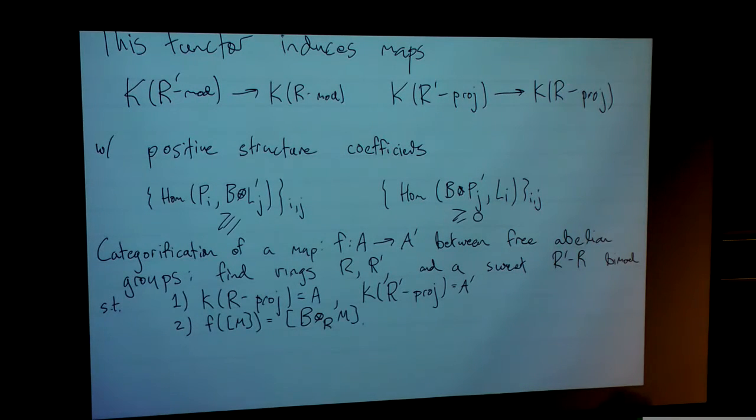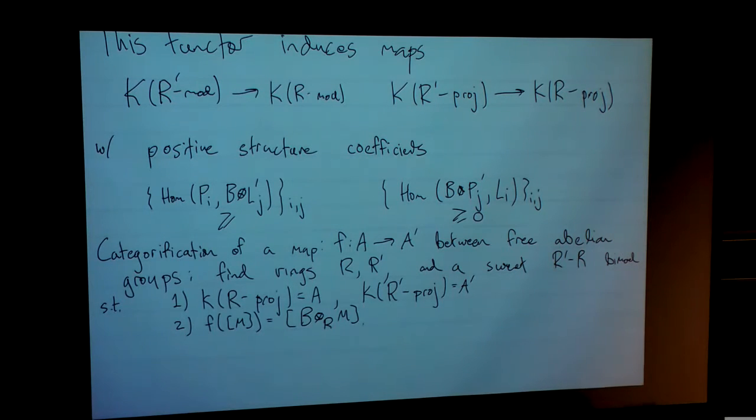So if I have a map, and I'm going to turn it into one of these nice functors between modules over algebras, it better have positive structure.